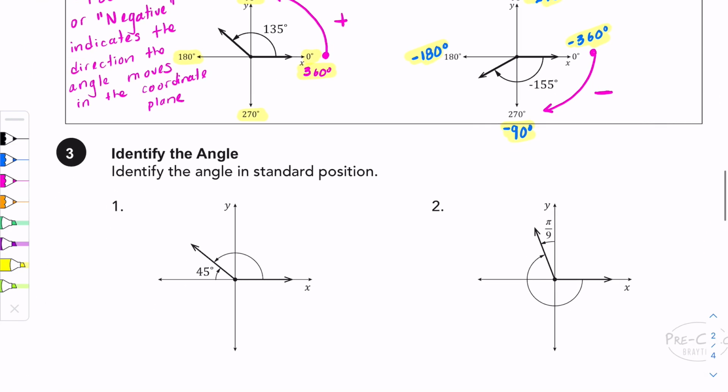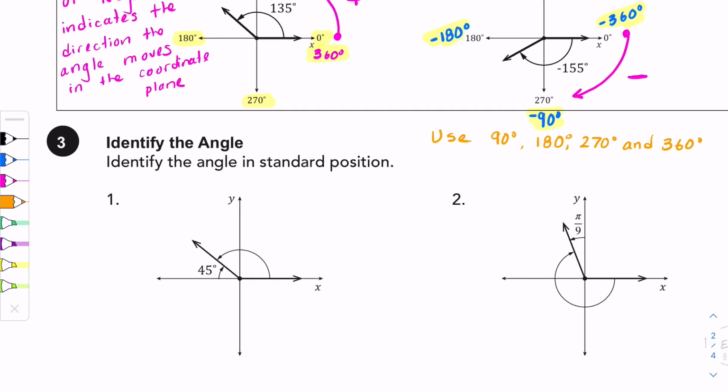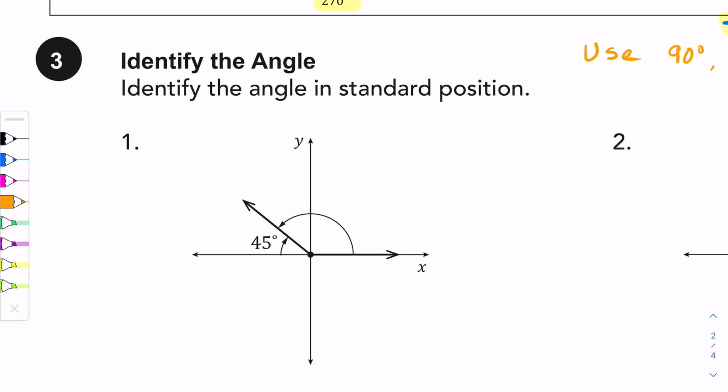So for the next example set, it says to identify the angle in standard position. Here you're going to want to use your benchmark angles: 90, 180, 270, and 360. The reason I say that is if we look at number 1, we know that we have our initial side here and the terminal side here.